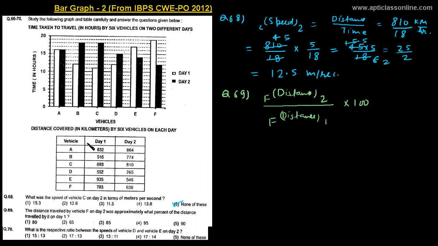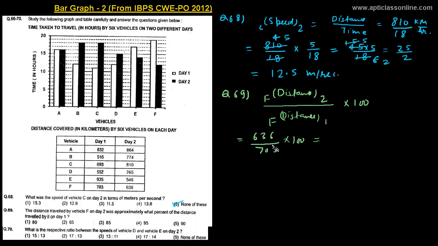So for distance we have to follow this data table. For vehicle F on day 2, that is 636. So basically this is nothing but 636 divided by F on day 1, that is 703, multiplied by 100. Here we have to get the approximate percent.